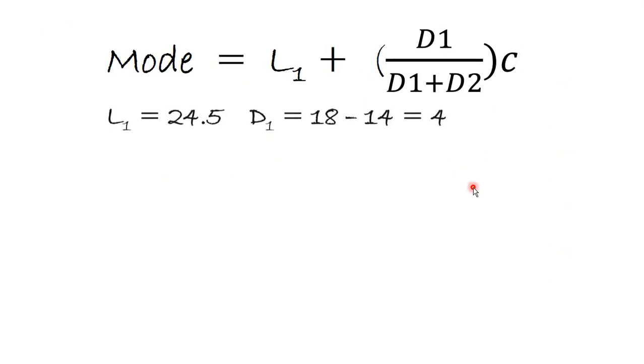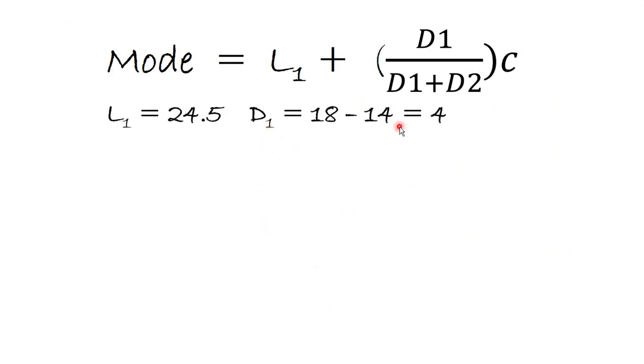So here we shall have our L1 is going to be 24.5, D1 is going to be 18 minus 14. We are using the table, which gives us 4. And then also D2 is 18 minus 10. Remember, this is the difference. D1 is the difference between the highest frequency and the frequency just before, and D2 is the difference between the highest frequency and the frequency just after.